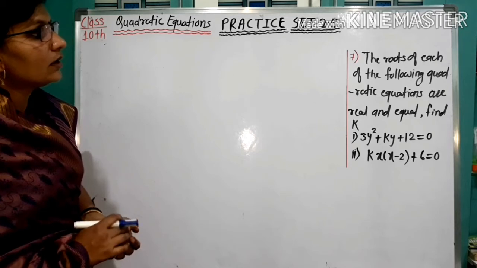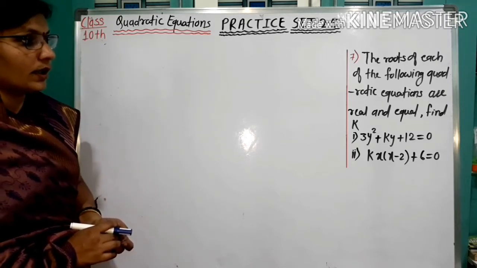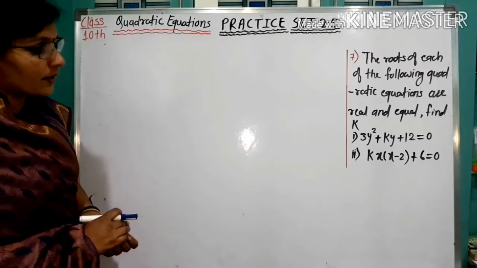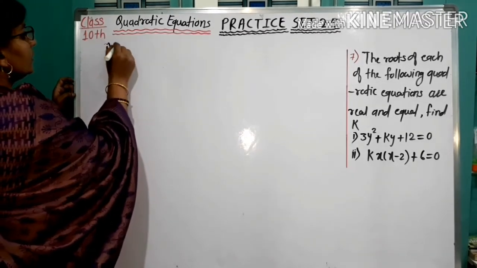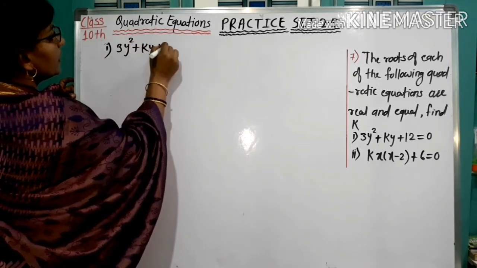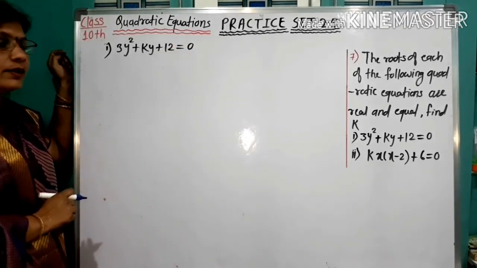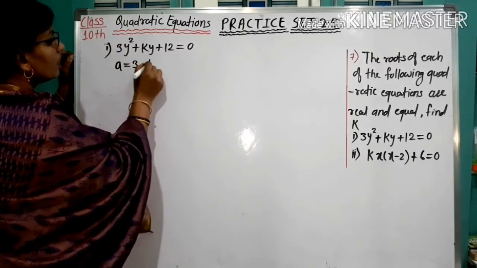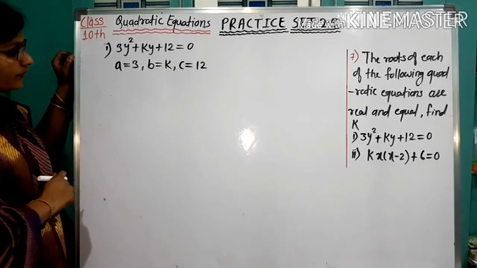Example number 7. The roots of each of the following quadratic equations are real and equal. Then find the value of k. Here we solve the examples one by one. Example number 1. The equation is given: 3y square plus ky plus 12 equals 0. Here we find the value of k. From this equation, a equals 3, b equals k and c equals 12.